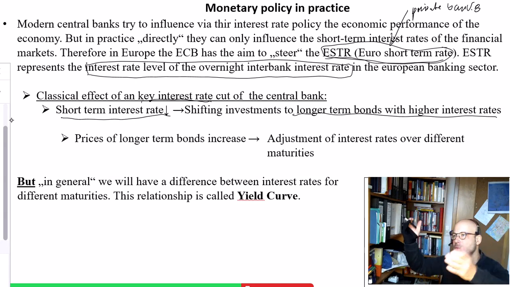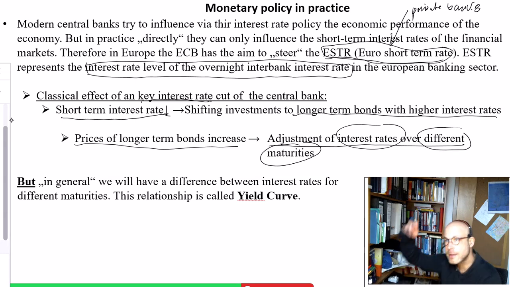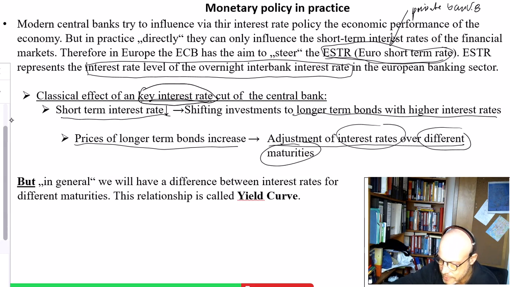Think of a coupon of 3% or something, but I have now had to buy the bond not for 100, but 101. So my yield, since I have to buy it for a higher price, comes down. So prices of longer term bonds increase, and therefore we have an adjustment of also longer term interest rates of the longer maturities downward, starting from the point that the key interest rates have been lowered.